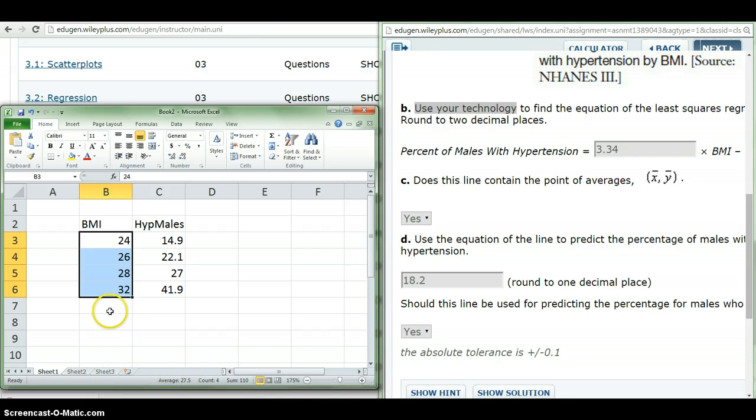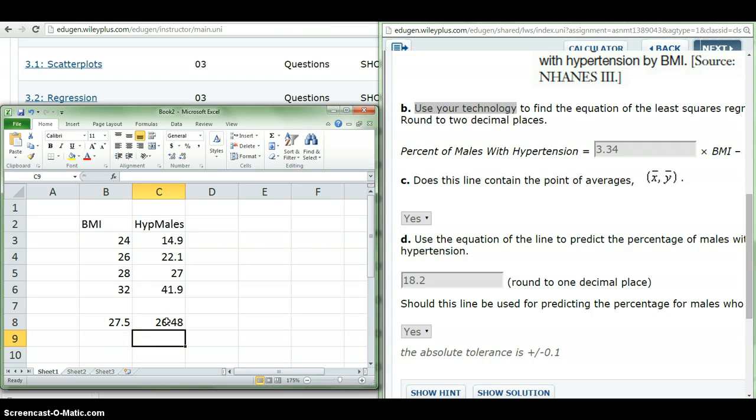So I can see my average X value there is 27.5. For the males, I'm going to highlight them, and the average is 26.48. And here's something, if you do something wrong, Control Z is your friend. So 26.48. So this is my Y value.